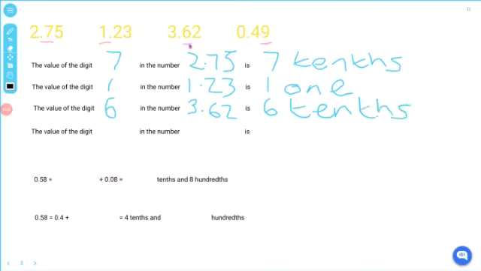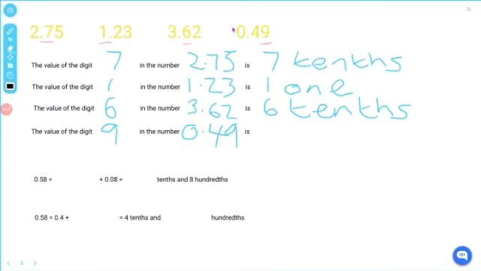Okay, now we can go on to our final decimal number. And this says, that's right, 0.49. So what number is underlined? That's right, 9 is underlined, so we can put a 9 there because that's the value of the digit we're looking at. And our decimal number is 0.49.